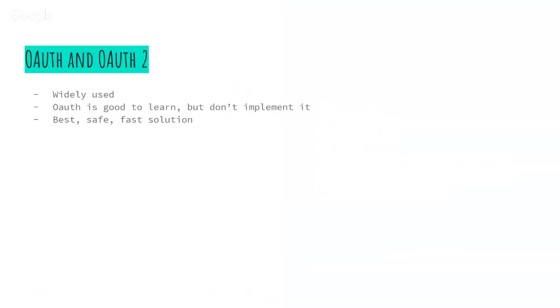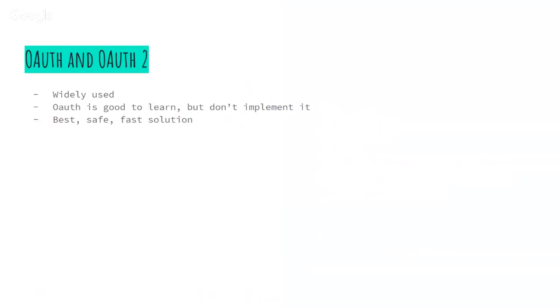Just to recap what we spoke about in a previous webinar, OAuth and OAuth 2 are both widely used. It's a really good idea to learn OAuth and understand how it was implemented, because if you can understand the progression and the way in which the methodology has been improved over time, that will really help you to think in terms of security and always keeping your application secure.